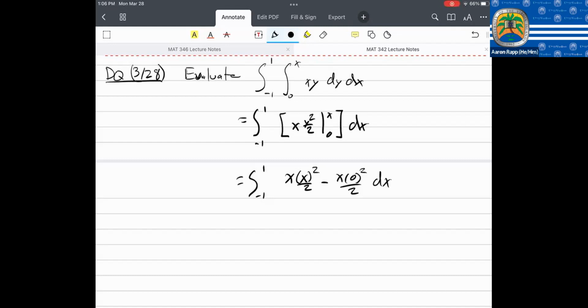So then this leaves me just integrating from -1 to 1 of what? I'm just going to write it as 1/2 x cubed. So I integrate this with respect to x. What do I get?